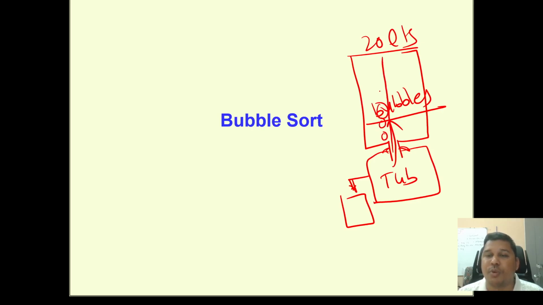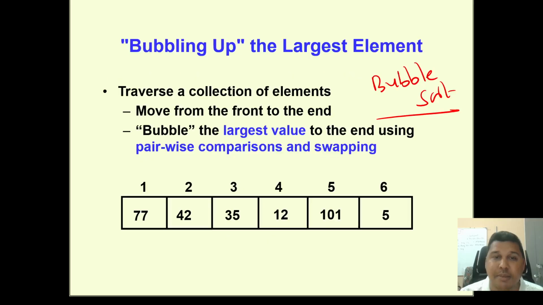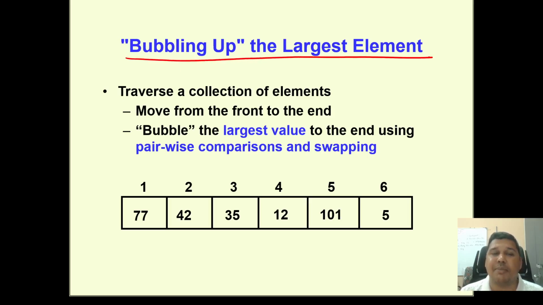The small bubble becomes big. It is called bubbling up, meaning sending the largest one upwards. That's why the name bubble sort has come. We say it is bubbling up the largest element.